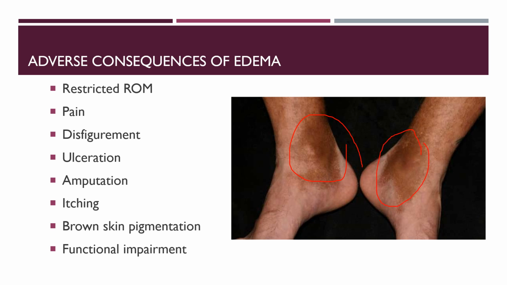But some of the adverse consequences of edema include restricted range of motion, pain, disfigurement, possible ulceration, which would happen along this section here, possible amputation, itching, or pruritus, brown skin pigmentation, which is venous dermatitis, you got it right, hopefully this time, and of course, functional impairment. So it's really important that we treat edema because, look at all these adverse consequences that our patients are going to have to deal with.